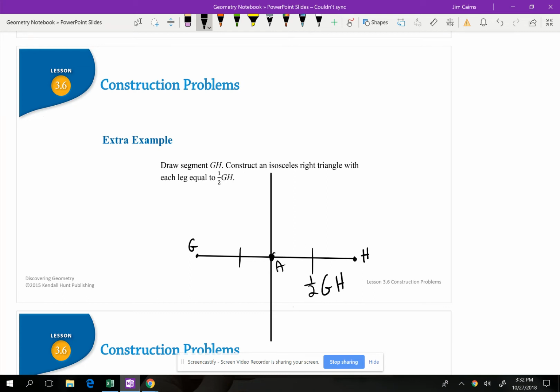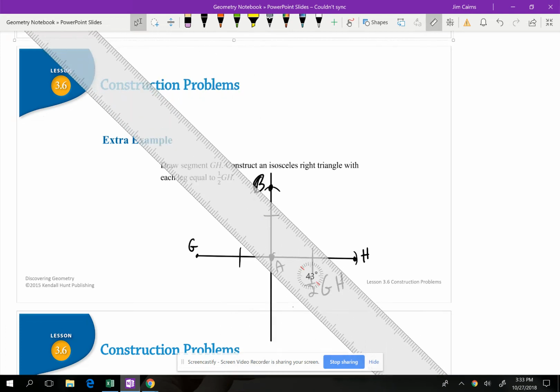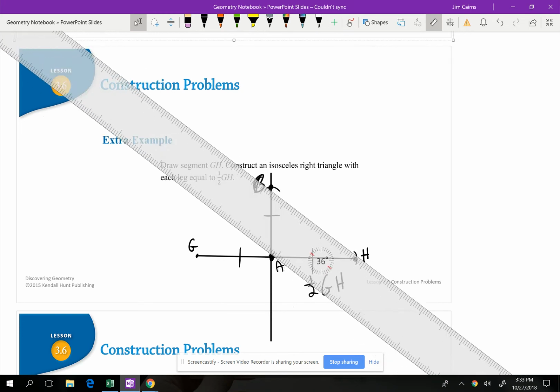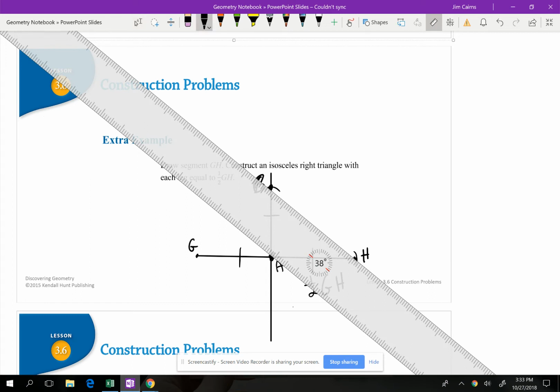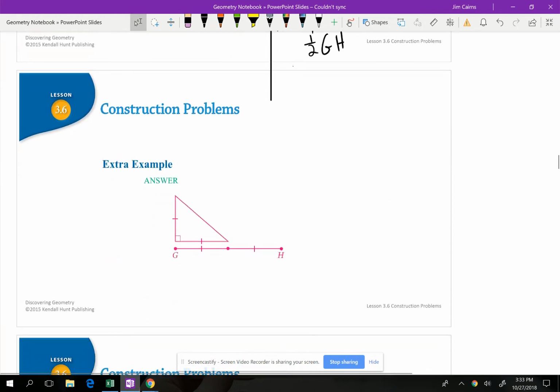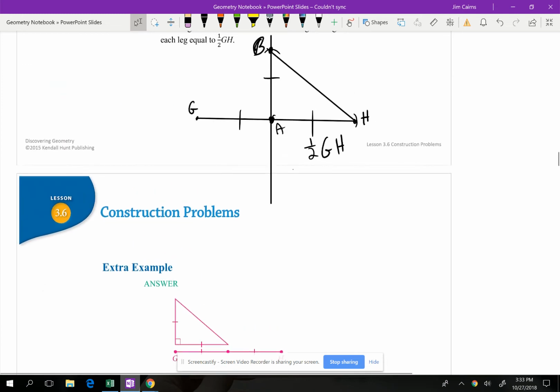If I swing an arc from A to H, and then come up here and swing the same arc, that's also the same. All I need to do now is connect those points, and I have an isosceles right triangle. Boom. There we go. And that's kind of what they show you here.